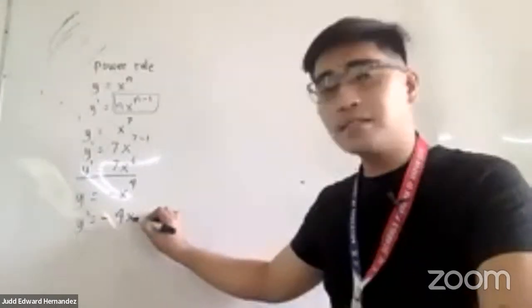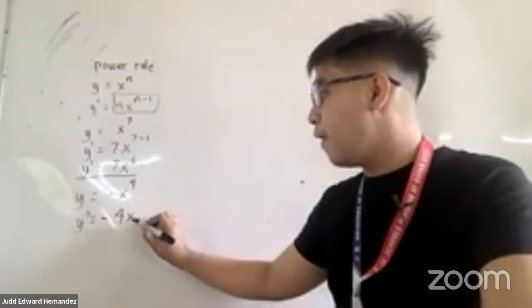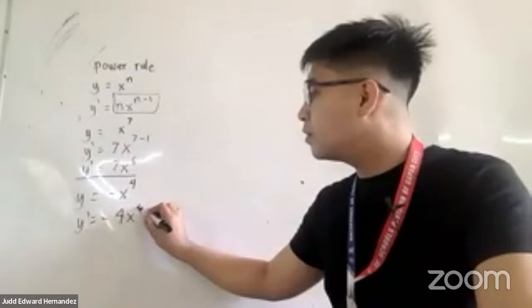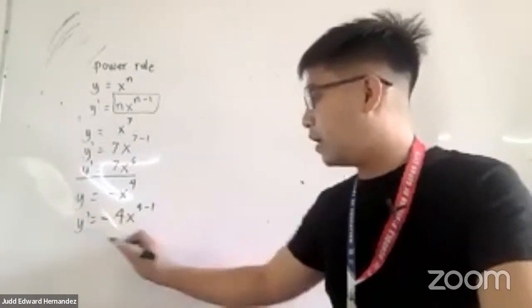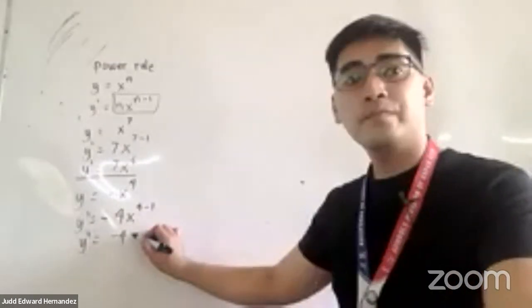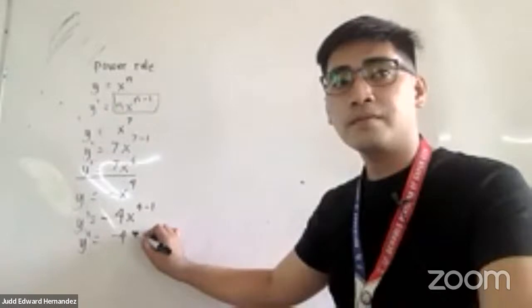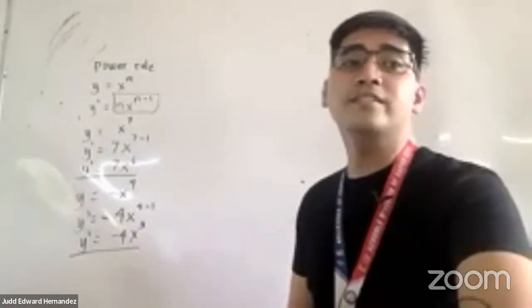Negative 4 po, sir. X. And then, yung exponent po is magiging 4 minus 1. Okay. Therefore, y prime is equal to negative 4 x raised to 3 po. X raised to 3. Okay. Is this clear?